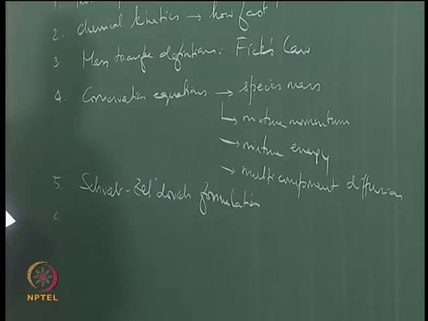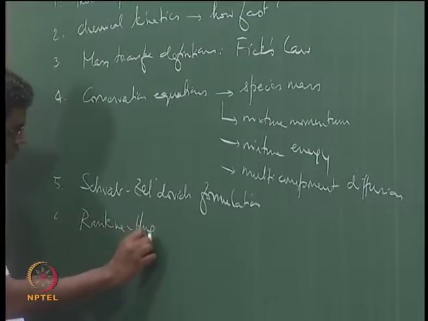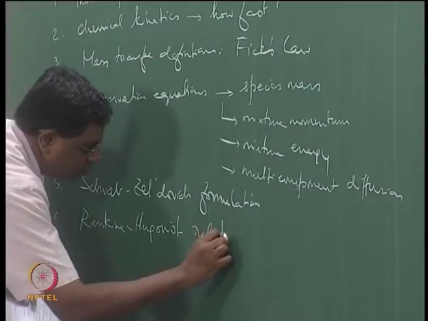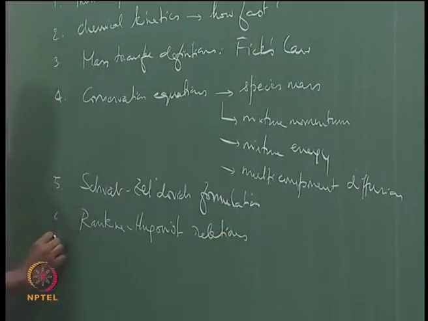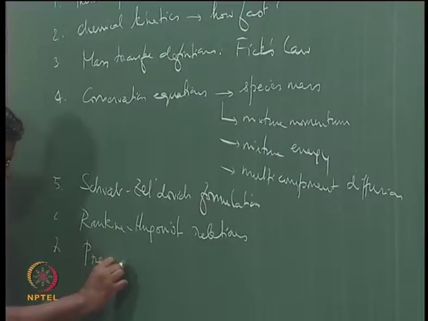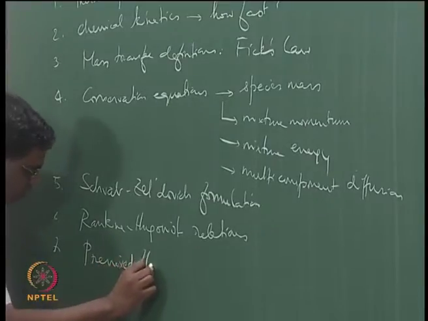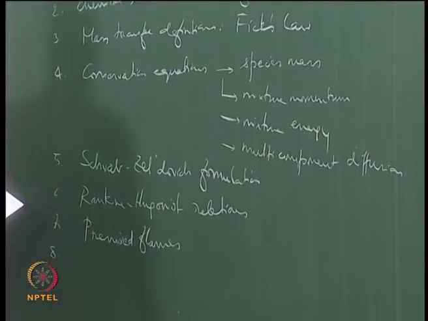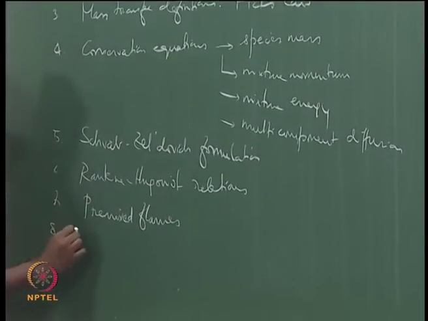Number 6, we now do what's called the Rankine-Hugoniot relations. 7, premixed flames, and diffusion flames.